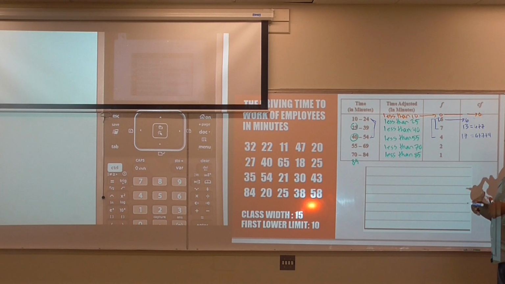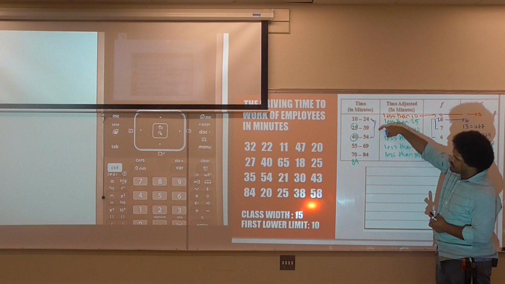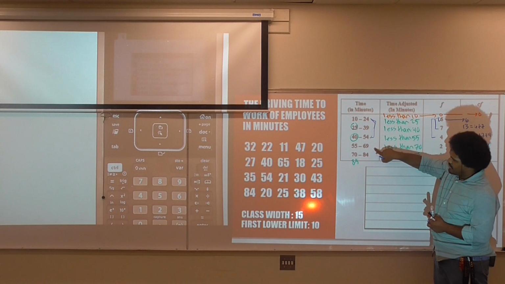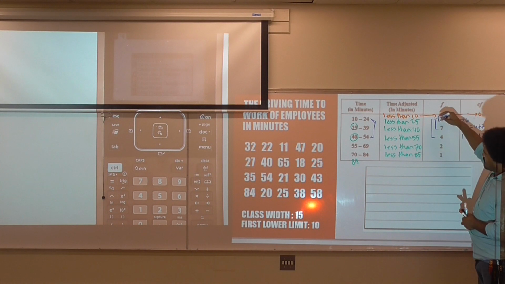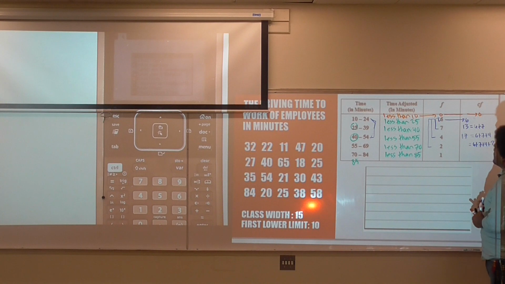And once again, I'll repeat the same process. All values in 70 are its current interval and all those below. It's all these guys right here that we're looking at. So I'm going to add them up: 6 plus 7 plus 4 plus 2, and this ends up becoming 19.